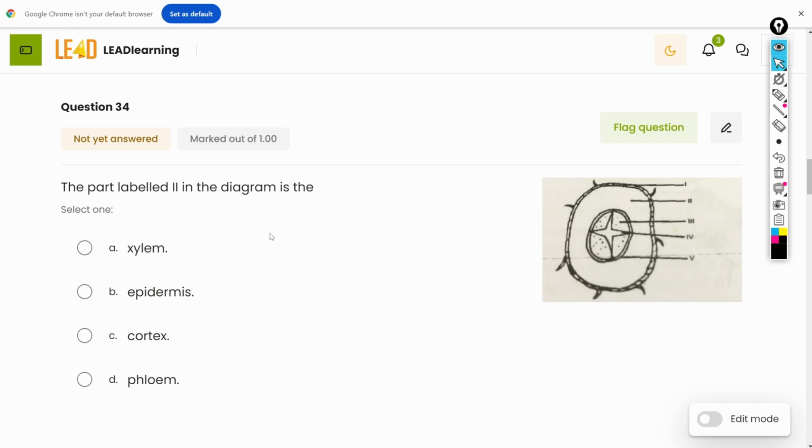Question 34. The part labeled 2 in the diagram. Now, the first thing we have to do is identify what this structure is.